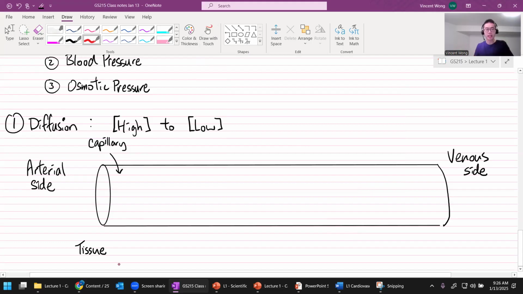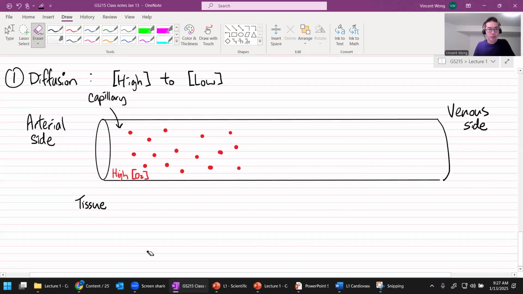If it's a systemic capillary that we are looking at here, the blood that's coming in from the arterial side would be rich in oxygen. So that's what these red dots are. This is O2 rich, so high O2.